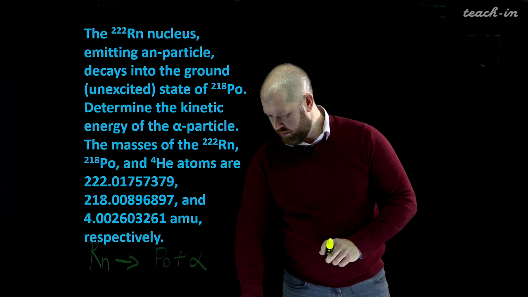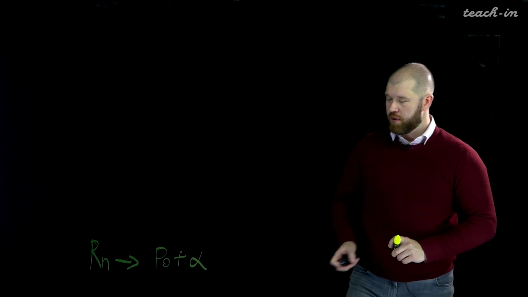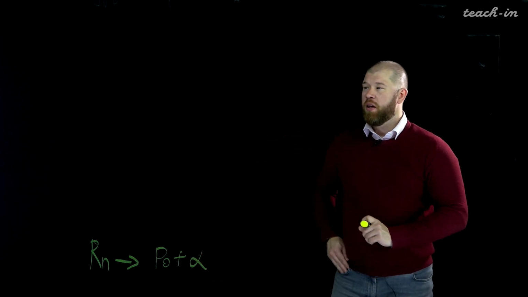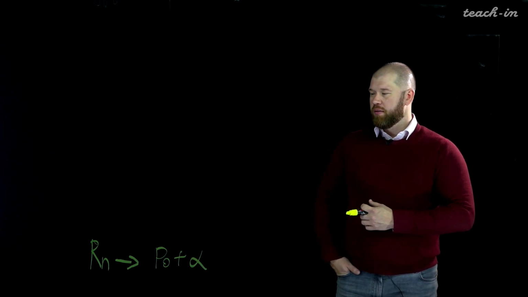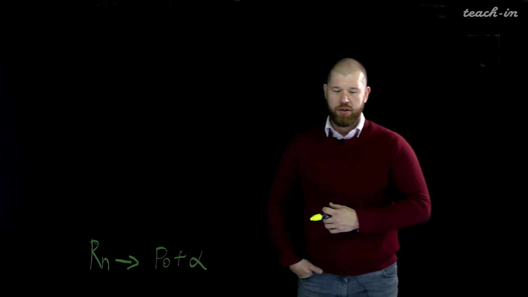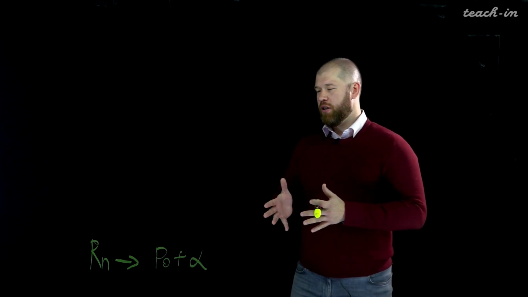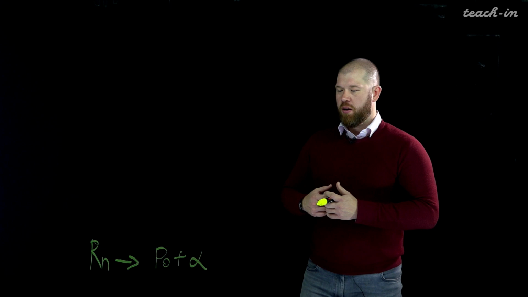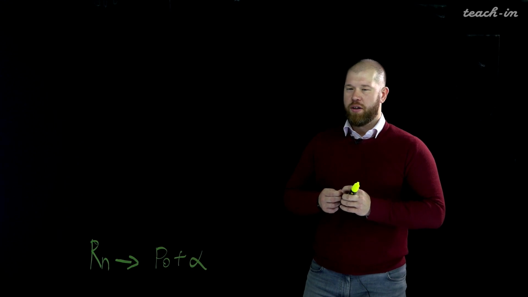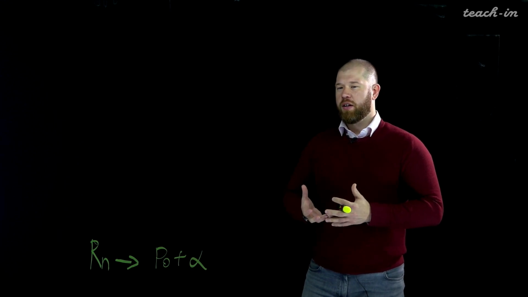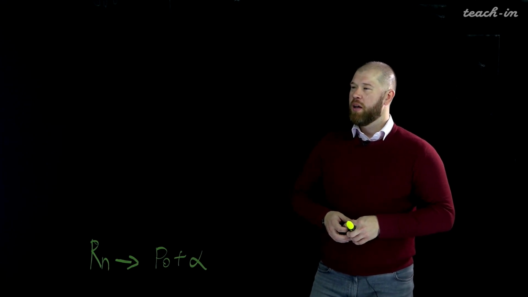Now, what is the difference with beta particles? In the case of beta particles, we could neglect the energy that goes to the recoil nucleus, because beta particles and neutrinos are very tiny particles, and they get almost all the energy that is produced during nuclear decay.